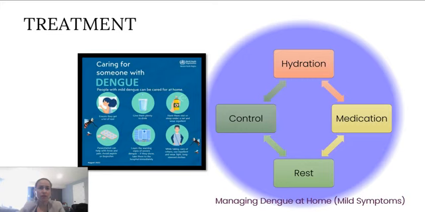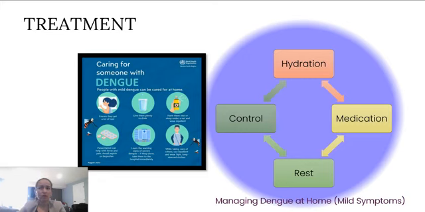Treatment. Managing dengue at home. First, hydration: drink plenty of water, oral rehydration solution, or natural juice to replenish fluids. Medication: take paracetamol for fever and pain, following the doses recommended by a doctor.